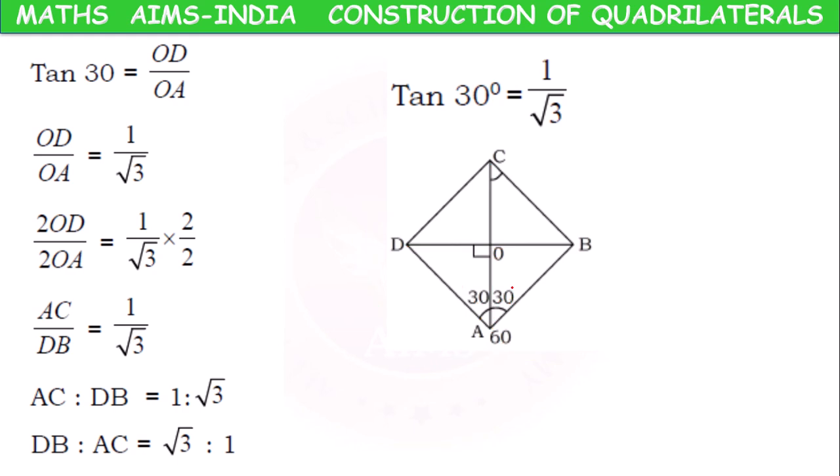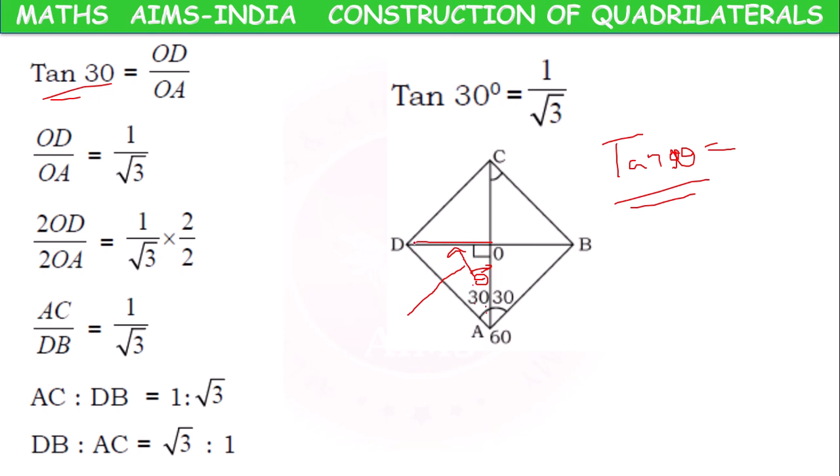So now if you take this triangle, we can take tan 30 in trigonometry. Tan theta is a ratio of the side opposite to theta by the side adjacent to theta.